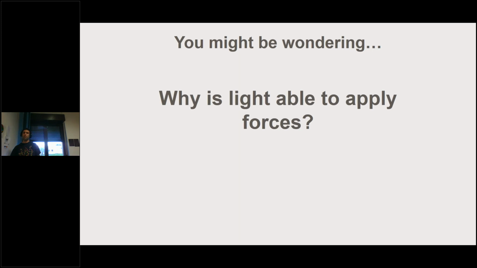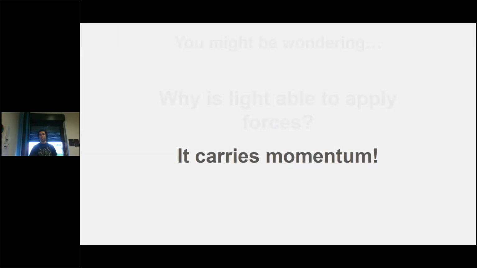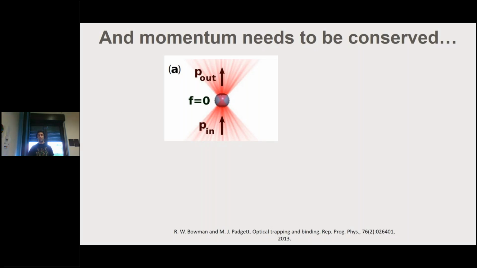Now you might be wondering, we understand this, but why is light able to apply forces? The key point here is that light carries momentum, and momentum needs to be conserved. For example, here we have a focused beam with many rays and a particle in the center of the beam. This particle behaves as an optical element that interacts with light and may change the path that the rays will follow in the next steps.